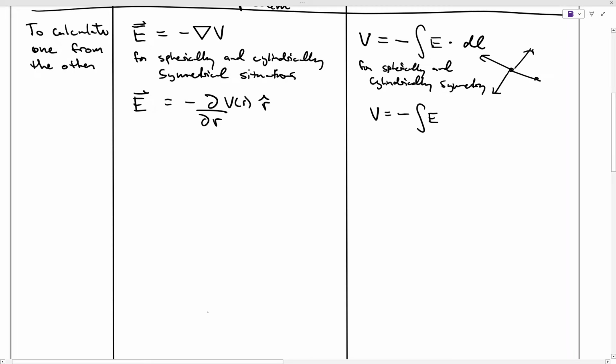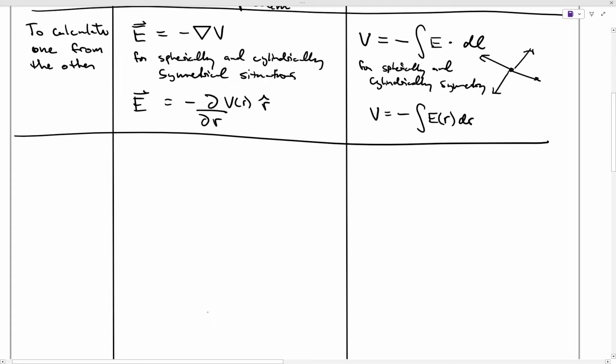Oh, and maybe just to make this a little more clear, the idea being that E is a function of r, and so all that matters is integration in r. In other words, if you don't change the distance away, so imagine you integrate like this, and then you go sort of side to side, that will have no bearing on the potential. It only depends on how far away you are. So these are the two mathematical points, or how you kind of convert E to V and V to E using calculus.